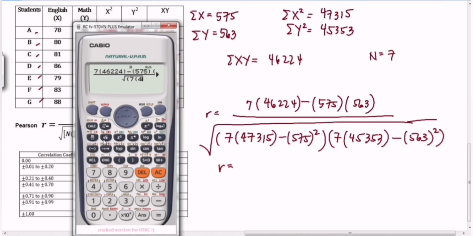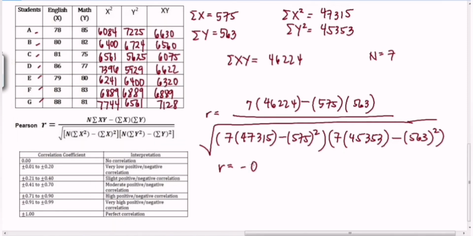Let's open ulit. 47315, close parenthesis, minus open, parenthesis 575, close parenthesis squared. And then, yung parenthesis yung nakalimutan ko kanina. Okay, ayan. Let's open ulit. Tas 7 yung n. Open, 45353, close, and then minus, open, 563. And then close, parenthesis, and then square, just close sa dulo. Okay, so the answer is negative 0.29.